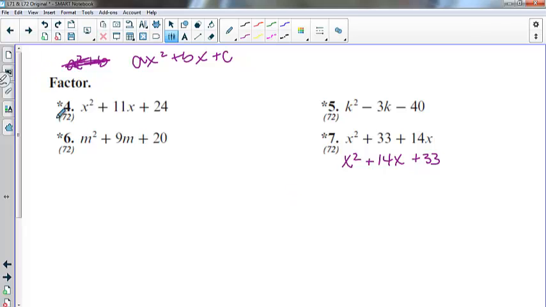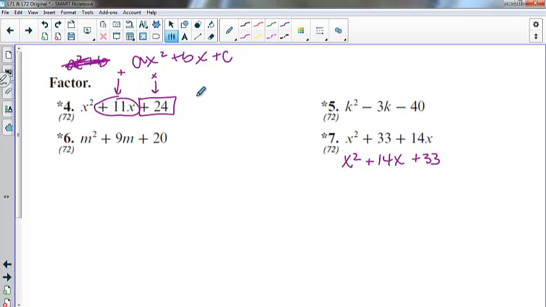Number 4. I want to multiply to get a positive 24. And the two numbers that multiply to get positive 24 have to also add to get 11, a positive 11.